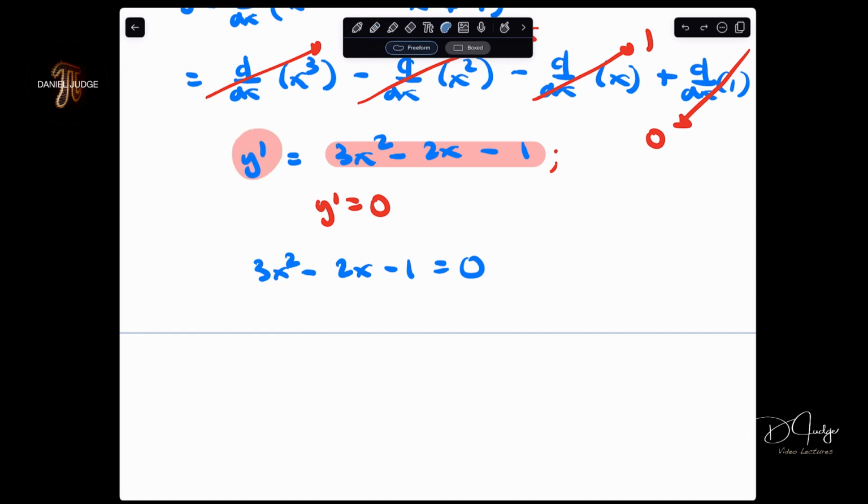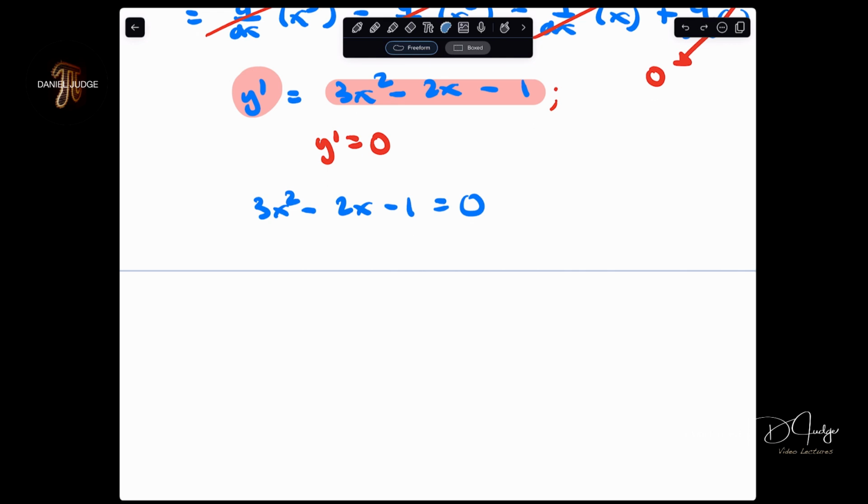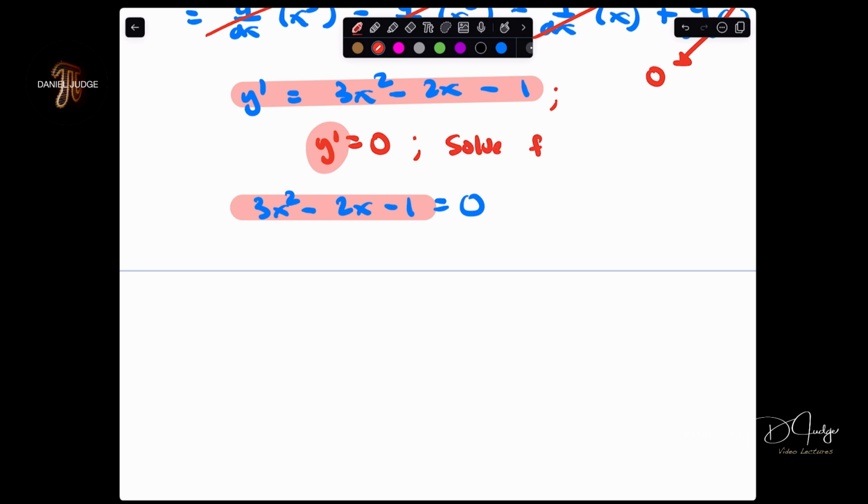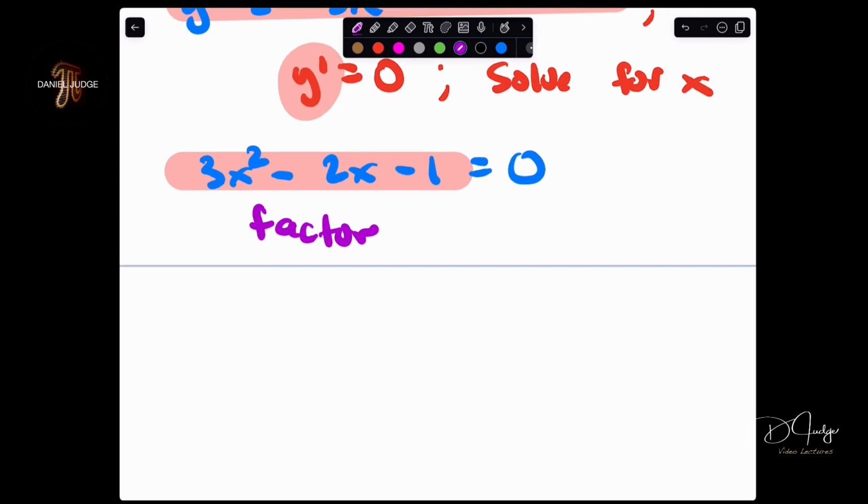So what you have here, if we go back and show you, that's your derivative. We have to solve this for x now. How you do that is by factoring. So we're going to have to factor a quadratic.